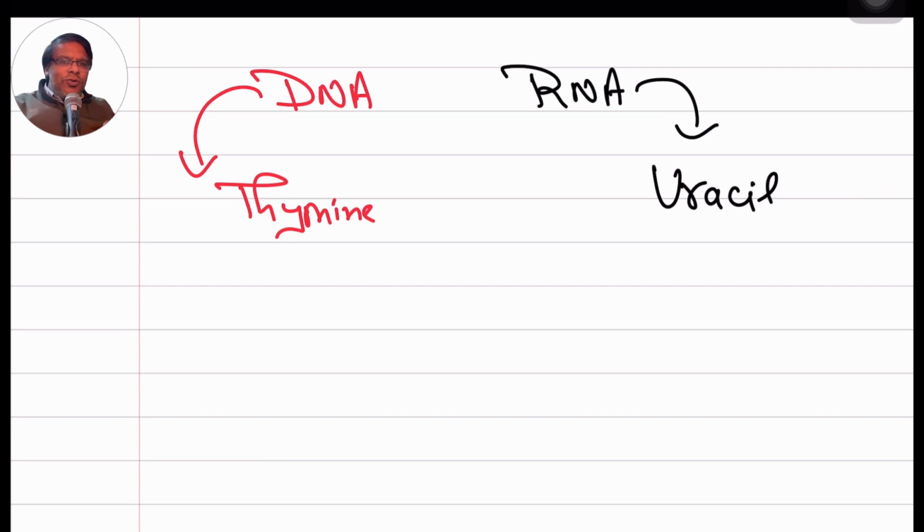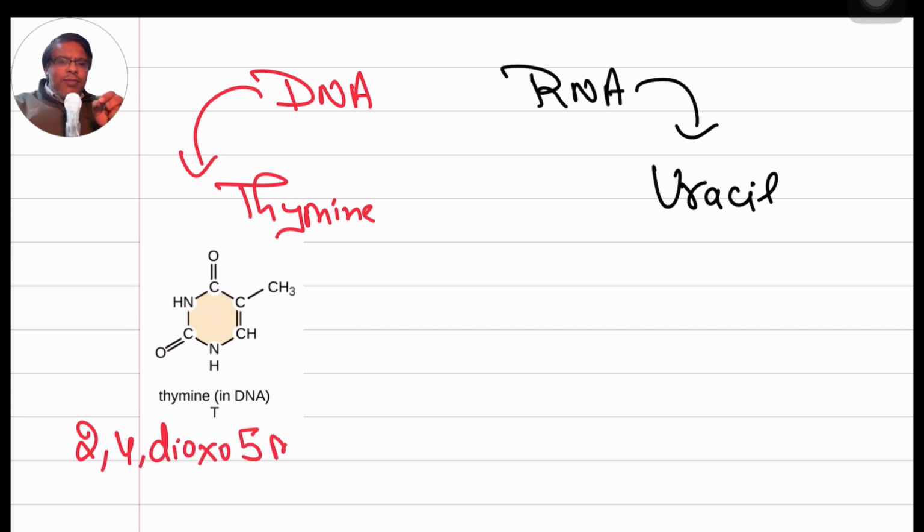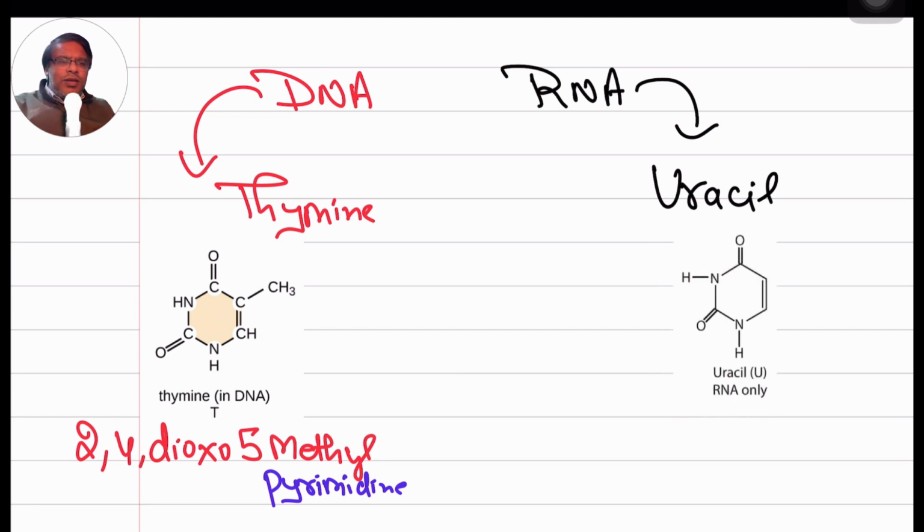Now look at the difference between the structure of thymine and uracil. The chemical name of thymine is 2,4-dioxo-5-methylpyrimidine. While in the case of uracil, the chemical name is 2,4-dioxopyrimidine. Did you notice the difference?